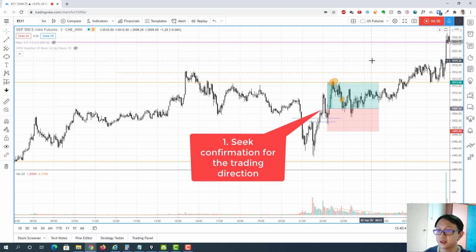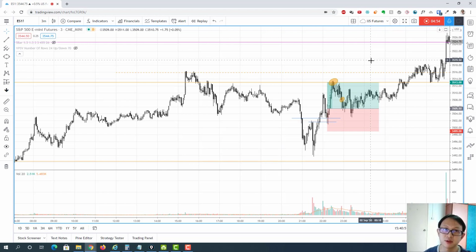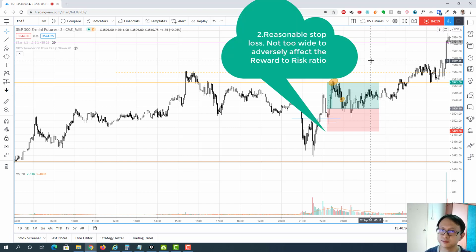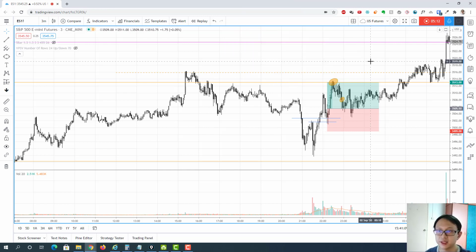And second is definitely regarding the stop loss, because I don't really like to put a very wide stop loss, because that will actually eat up into my profit and eventually my reward to risk ratio will become very tiny, maybe less than 1 or even less than 0.5. So there's no point to do that.